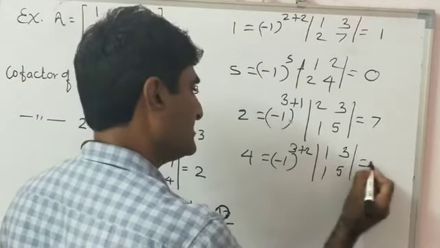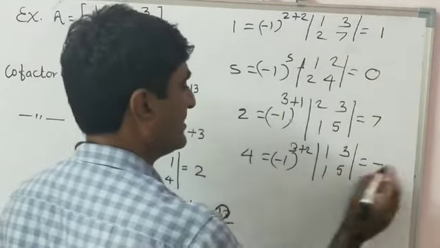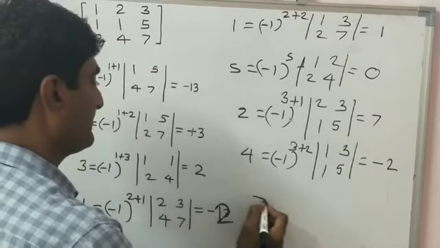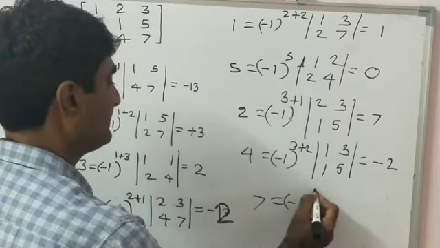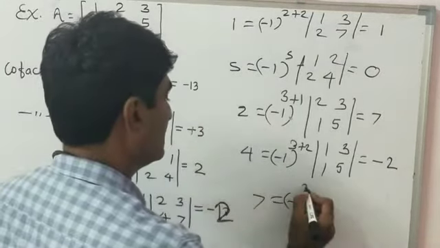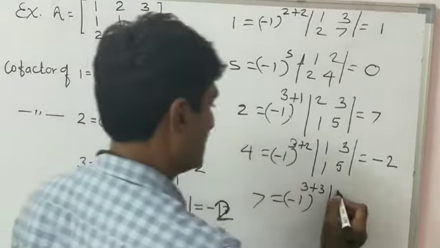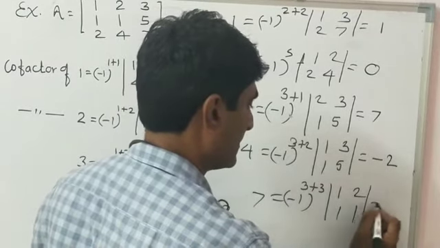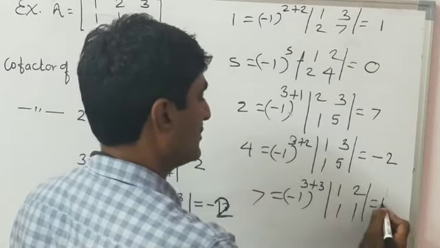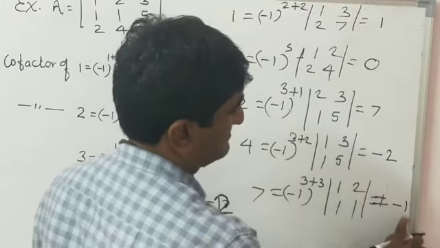That is minus because of the odd power, 5 minus 3 is 2. And the last element 7: (-1)^(3+3), its minor is 1 2 1 1, that is plus, and 1 minus 2 is minus 1.